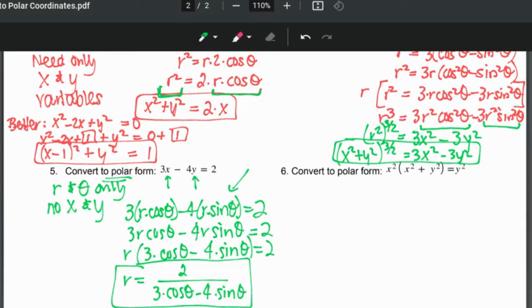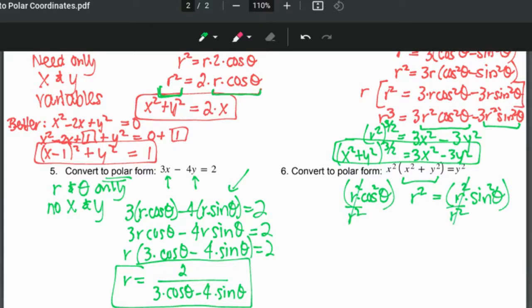All right, so for our last problem, let's try to replace some things. x² + y² = r². And then for x² and y², remember x is r cosθ, so we'll square that, and y is r sinθ, so since it's y², we're going to square that. I could divide by r² on both sides, and that'll cancel those out.